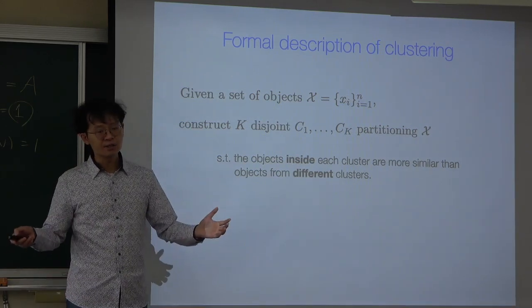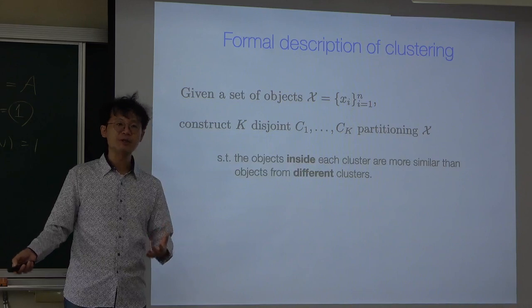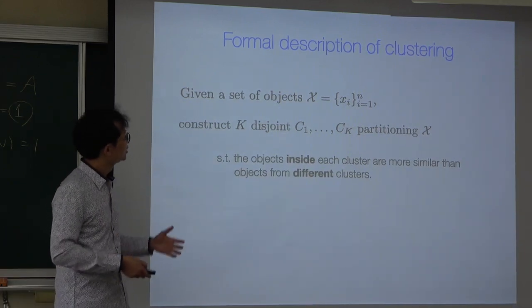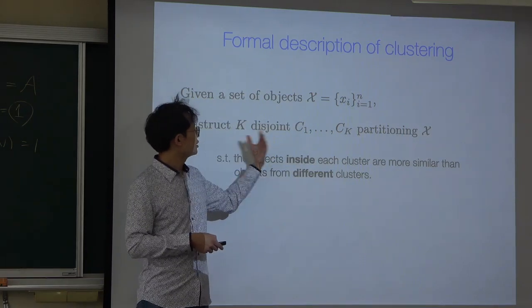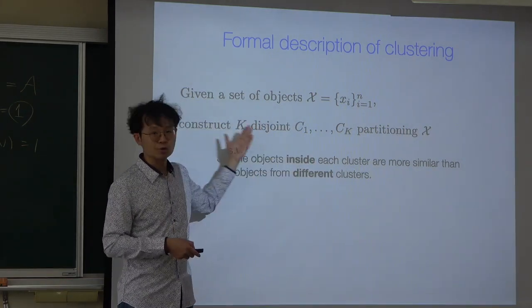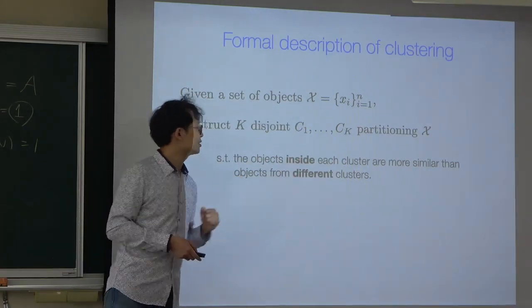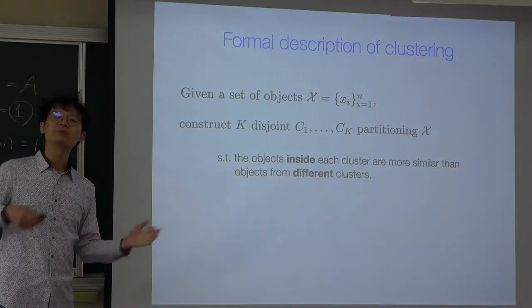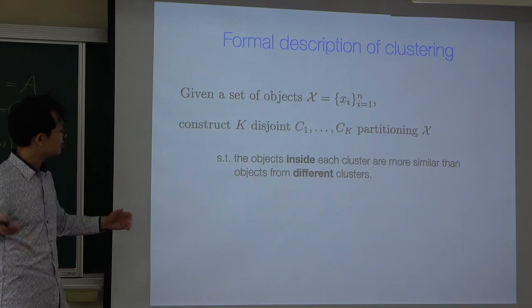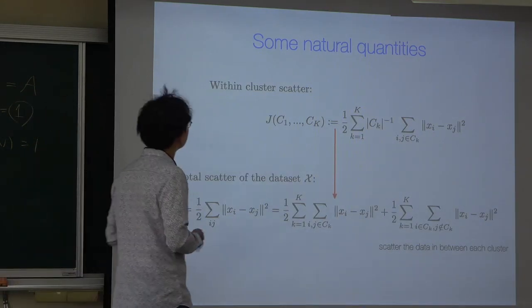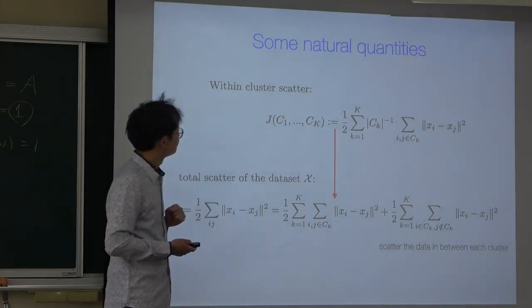The idea is we have some kind of notion of comparison, and when we do the comparison, we want to partition the data set into disjoint subsets so that all objects inside each cluster are more similar compared with objects in different clusters. Very simple. Mathematically, that is what you can write.